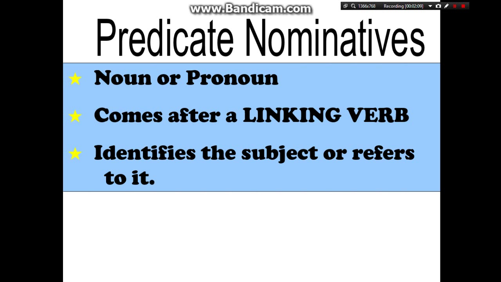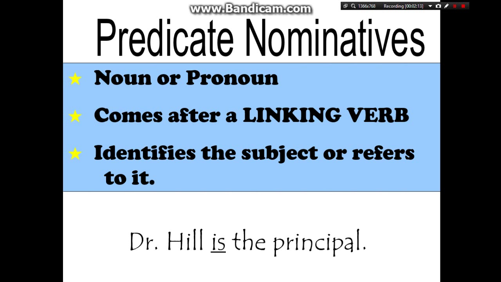All right, an example would be Dr. Hill is the principal. Is your linking verb. Dr. Hill is your subject. Therefore, principal is your predicate noun. It renames Dr. Hill. It's the same thing as Dr. Hill, it's just giving more information about the subject. Please write that example down on the top part of your flap. It's the last thing you're going to be writing on the top part.